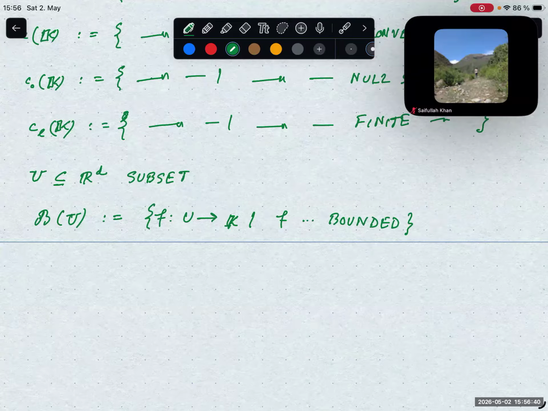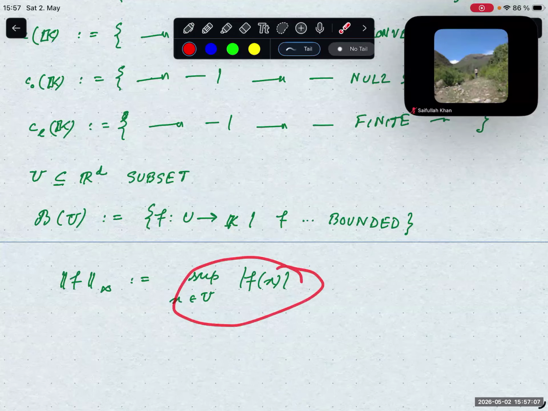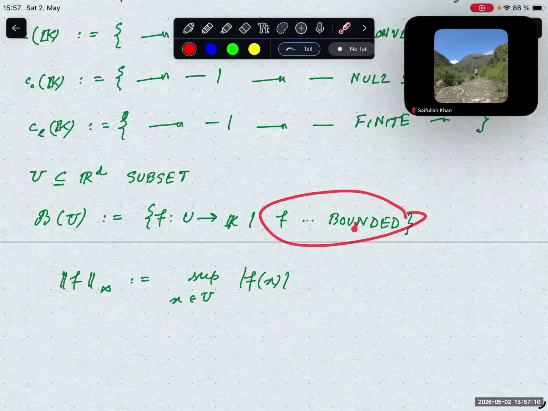And for such functions or space, we usually use the supremum norm that we introduced yesterday. Let me also introduce it again here: supremum over x belongs to U of f of x. Remember, yesterday we put this is compact to make sure that this is finite. But since this is finite, we don't need to put compactness here.